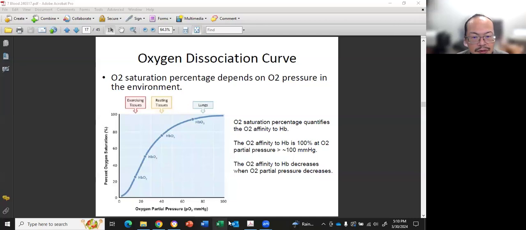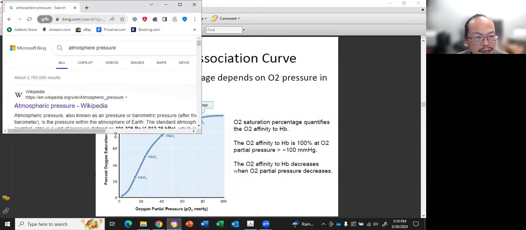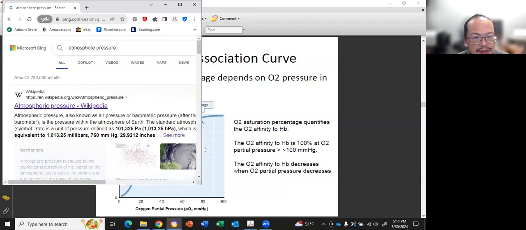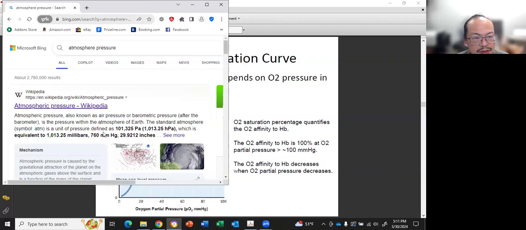Let me show you this here. Here is the atmosphere, so atmospheric pressure. This is the environment on the Earth. You can see the pressure right here, 760 mmHg. This is the pressure from the air.